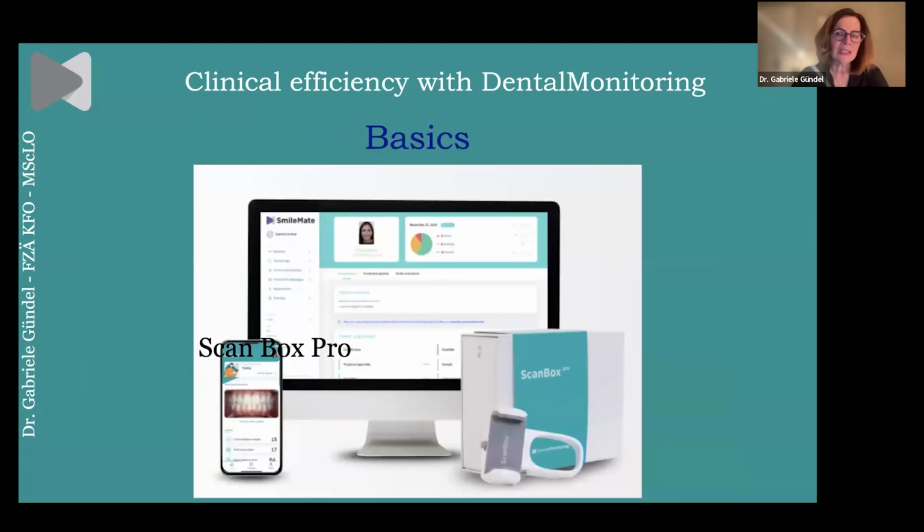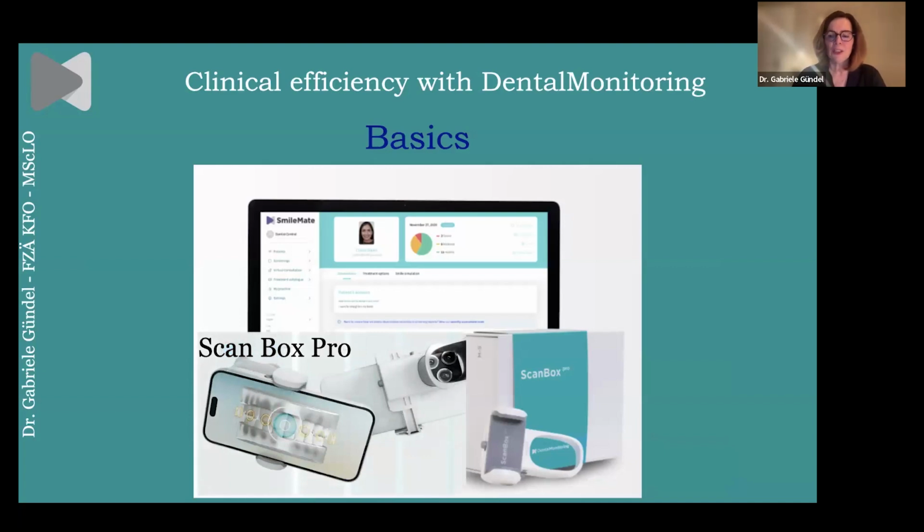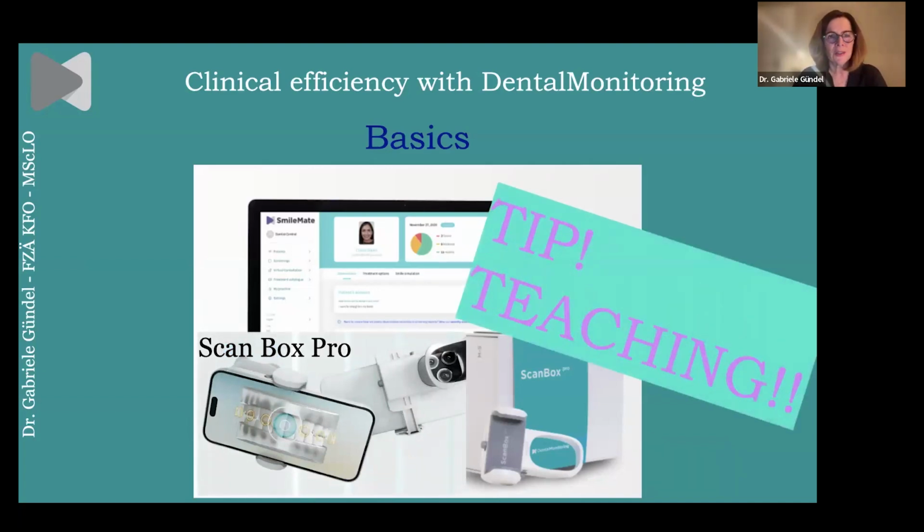So my first clinical tip for you is to teach your patients to do the scans very precisely. There are two reasons why you should really take your time, or your assistant will take the time to teach the patients to do really good scans. The first reason is that if you do not do a good scan, you get the answer, please repeat.